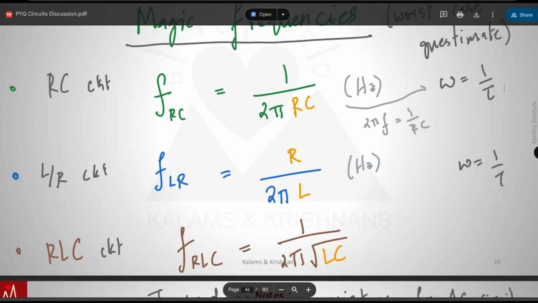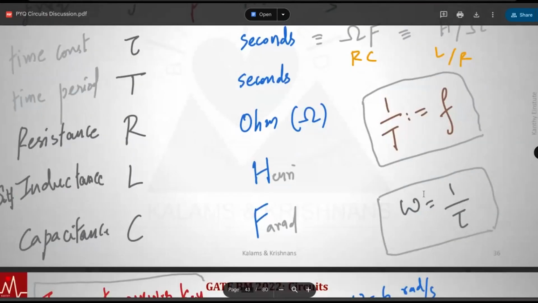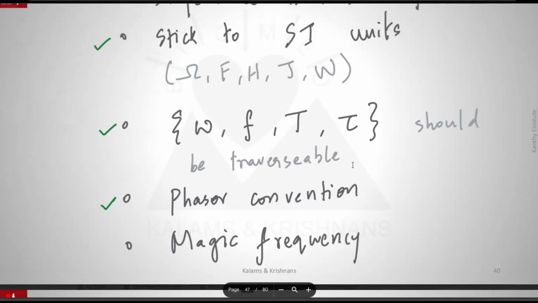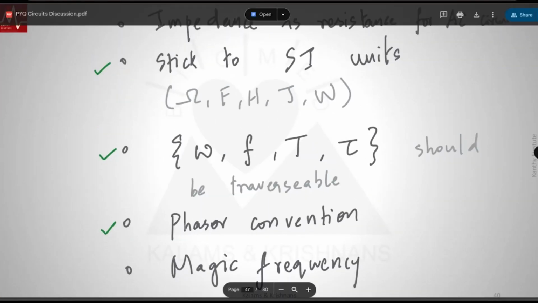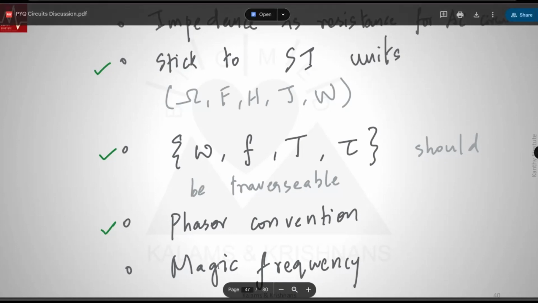We also can see one more relation over here, which I have written in this question. So in fact, I'll start with this question today. I'll show you examples of very simple use of the phasor convention and applications of phasors, and some PYQs using the magic frequency that I mentioned.